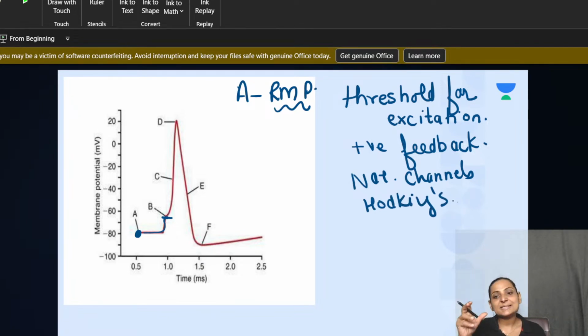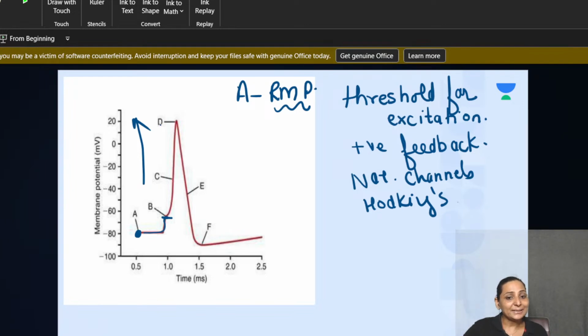So the Hodgkin's cycle in action potential means that opening of a few sodium channels results in opening of more and more sodium channels. The sodium will come inside, neutralize the negativity and result in this upstroke.